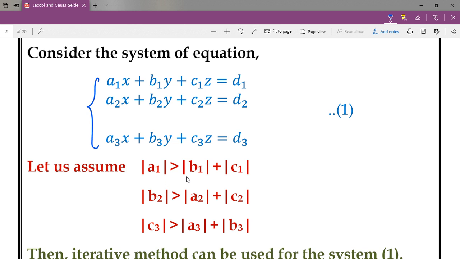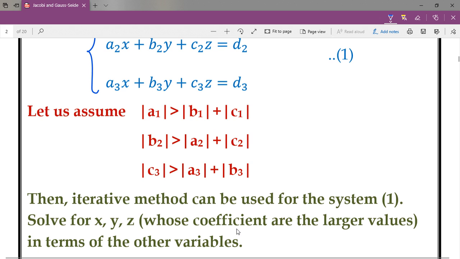That is, the absolute value of a1 is greater than that of b1 plus c1, the absolute value of b2 is greater than that of a2 and c2, and the absolute value of c3 is greater than that of a3 and b3. Then the iterative method can be used for the system.